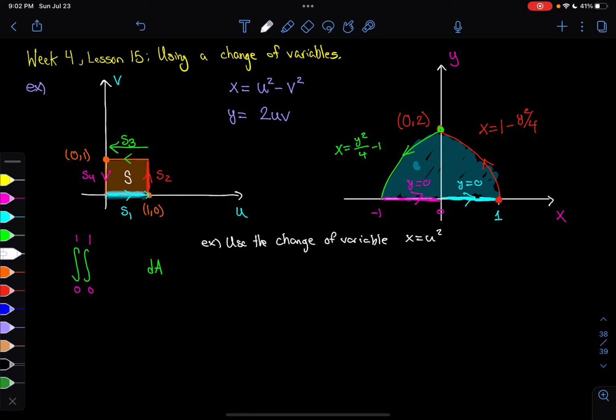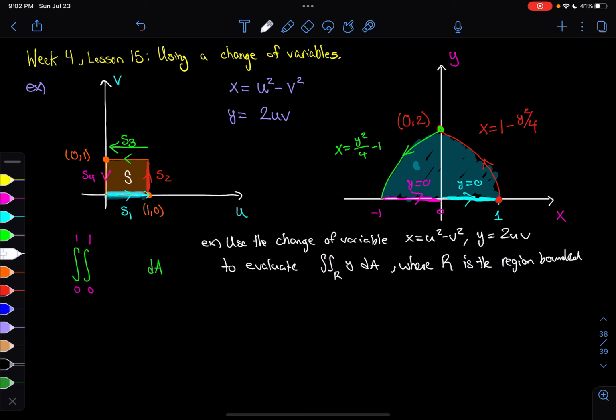X is equal to u squared minus v squared, and y is equal to 2uv, right? Use this to evaluate the double integral over some region R of, let's say, y dA, where R is the region bounded by the x-axis and the parabolas.